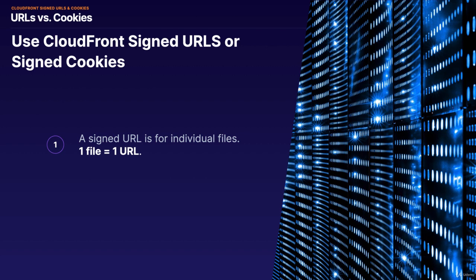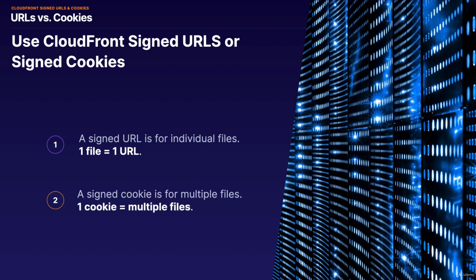We use CloudFront signed URLs where you've got an individual file. Say you want somebody to be able to access one individual file: one file equals one URL. If, however, you want that individual to be able to access multiple files, for example, if you log into A Cloud Guru, you want to be able to view all the different lectures that we have, then instead of giving them a URL, you would give them a signed cookie, and then they can access multiple files.